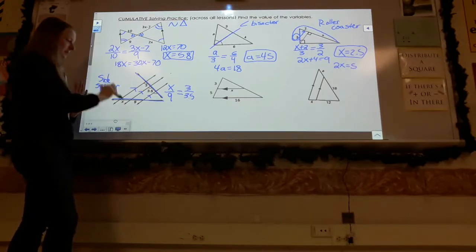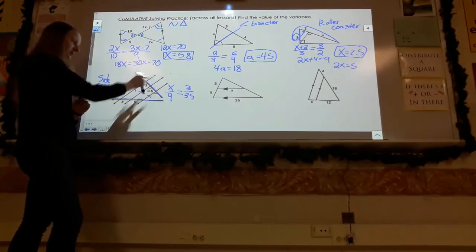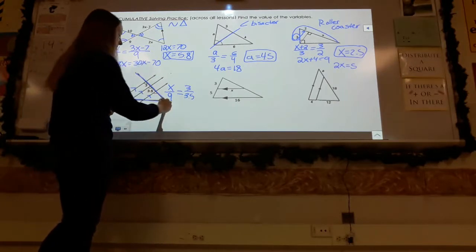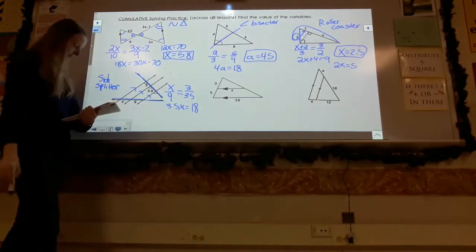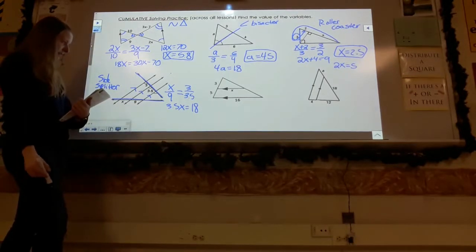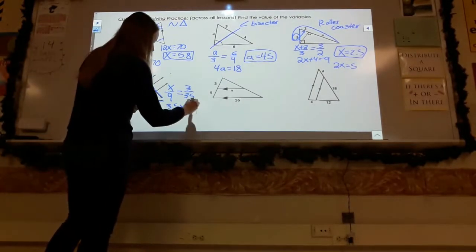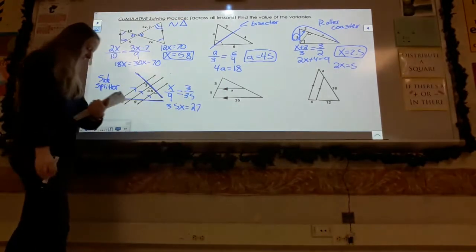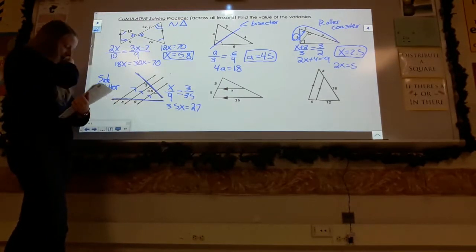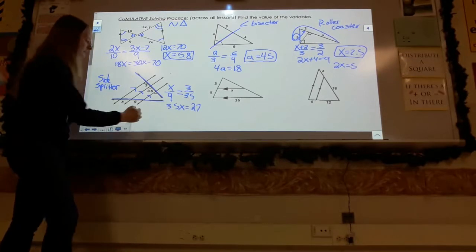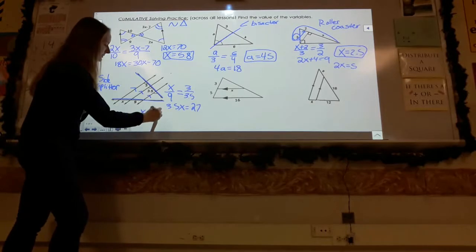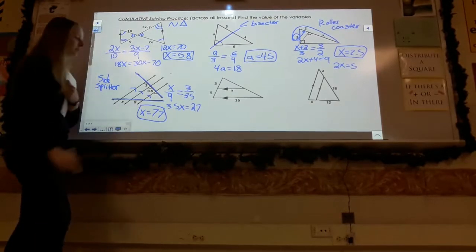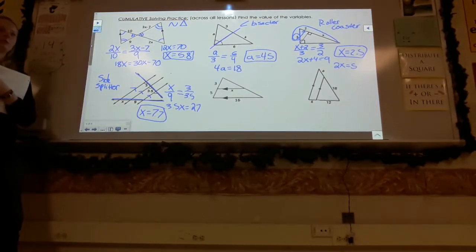Alright, so once you set up the pieces, remember you stay on this side, then you switch to this side, you can cross multiply. So 3.5x equals 18. And when you divide that, not 18, I'm sorry, that's 27. What do you get for x? Another weird, yep, 7.7. Don't be afraid of decimals in this unit. You will be getting lots of them.